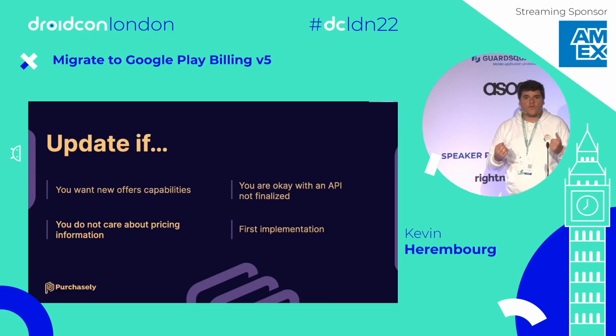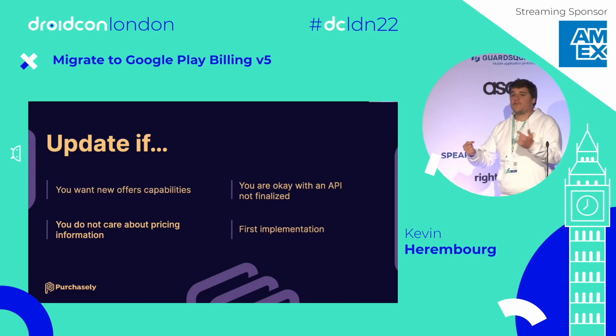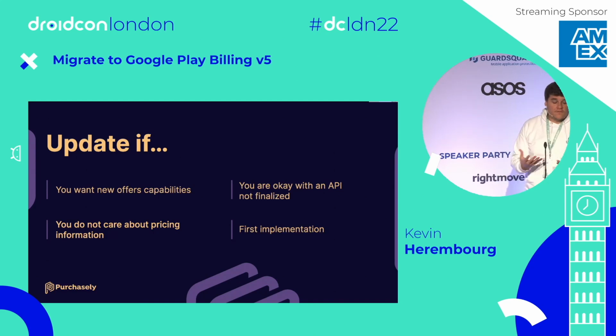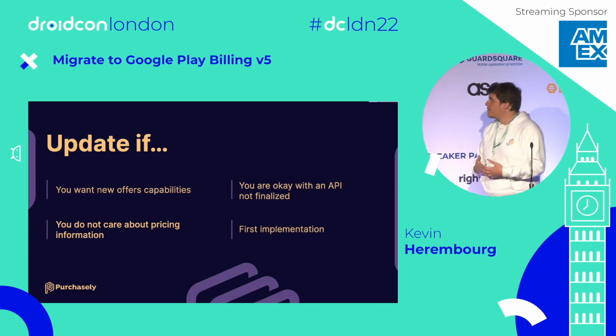They trust Google and don't want to have statistical information about it. But if you do, I would not suggest to use Google Play Billing v5 because it's very, very hard to know. And for example, if you change the pricing of your plans, you will never know that your user also changed the pricing that he was paying. So it's difficult to have this info, too difficult, even impossible to have this information right now.